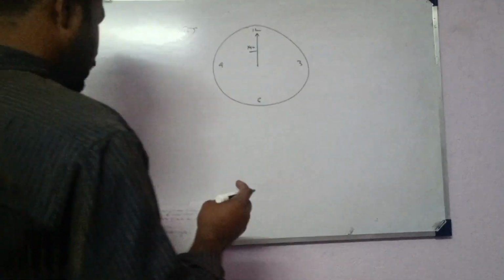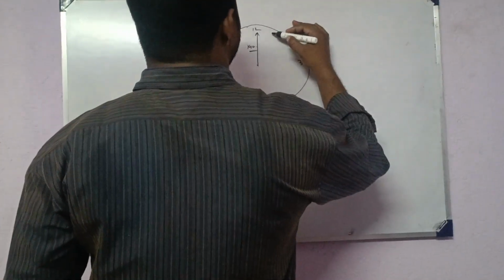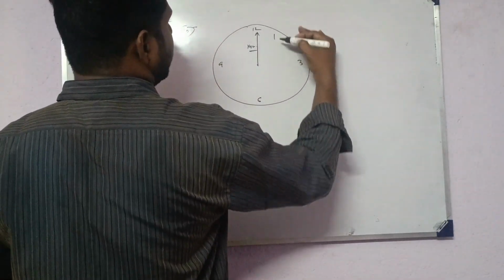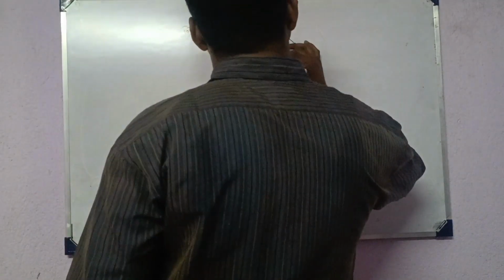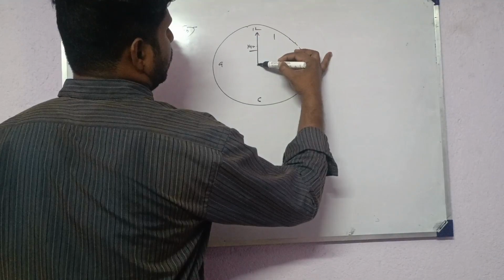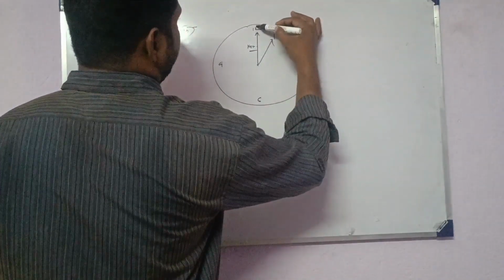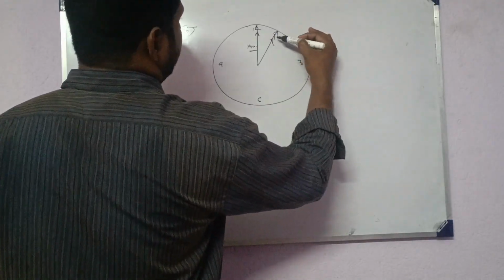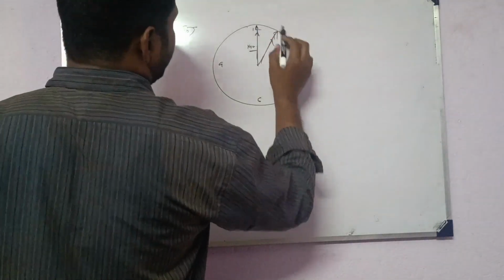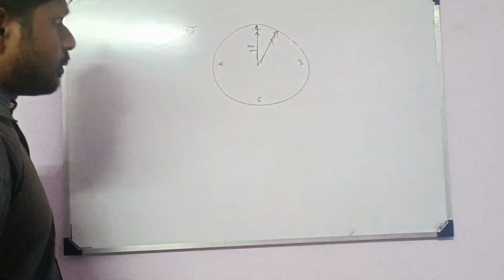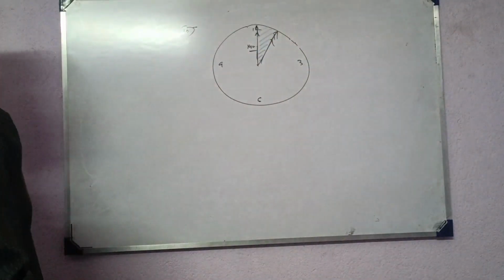Find the area swept by the minute hand in 5 minutes. 5 minutes means it will go from 12 to 1, so 5 minutes will be covered. So it will be the area swept by the minute hand in 5 minutes.